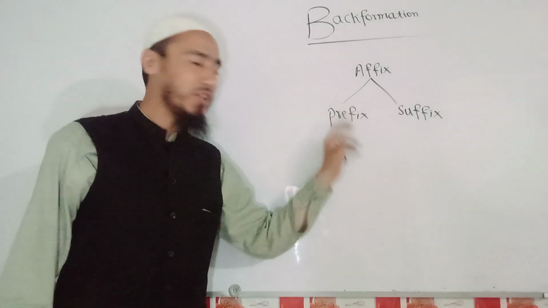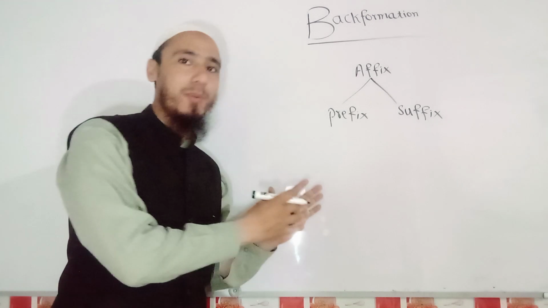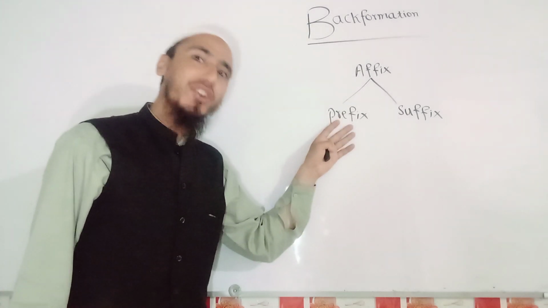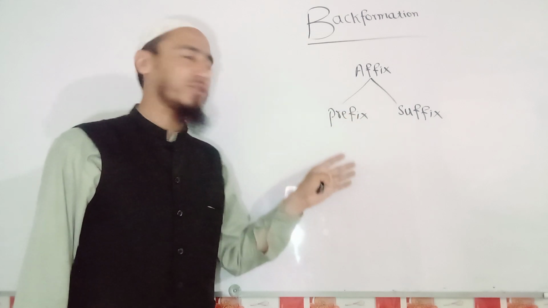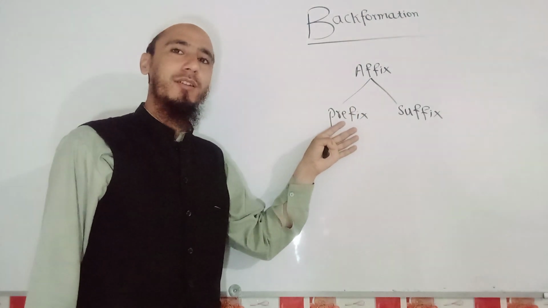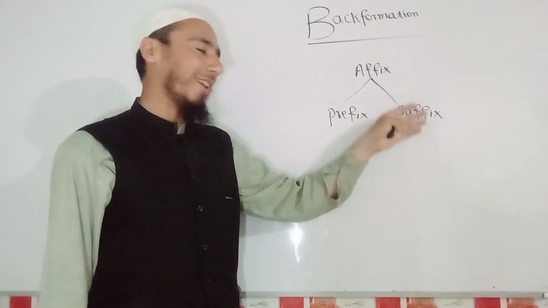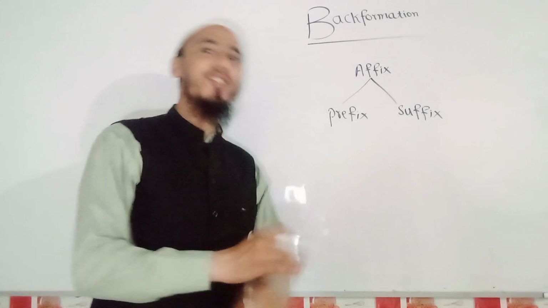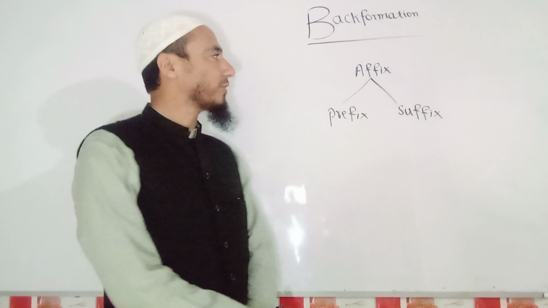Prefix is the type of affix which comes at the beginning of a word. So a minimal unit or a letter or a group of letters which comes with the beginning of a word is called prefix. But when a letter or a group of letters comes at the ending of a word, then we call them suffix.